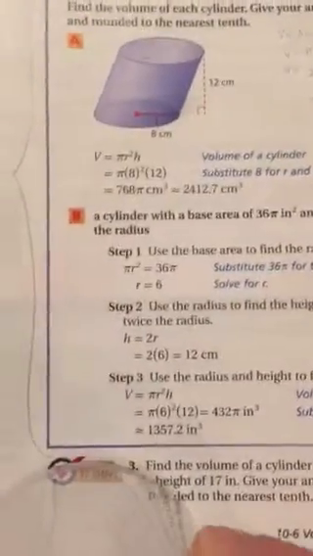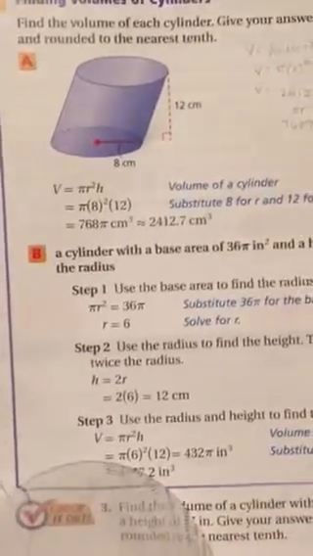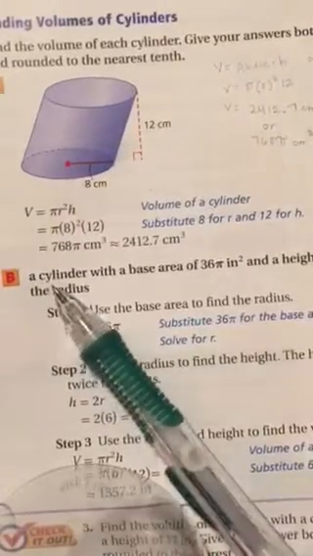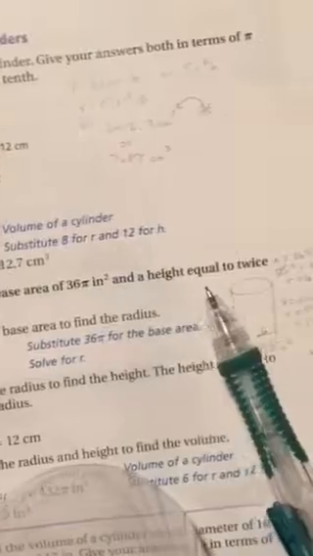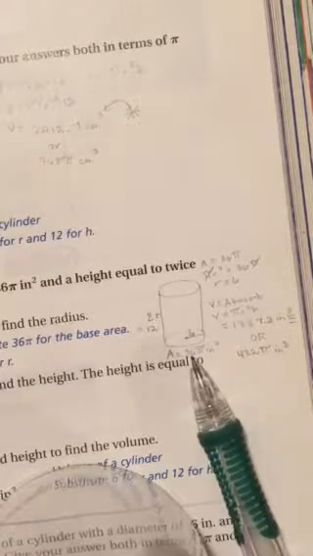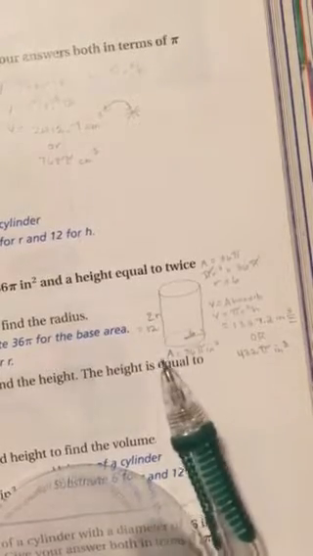And then we looked at example B, where they gave us a cylinder with a base area of 36 pi inches squared and a height equal to twice the radius. And we did that in class, where we solved for what the radius actually was by plugging in pi r squared into the area spot.